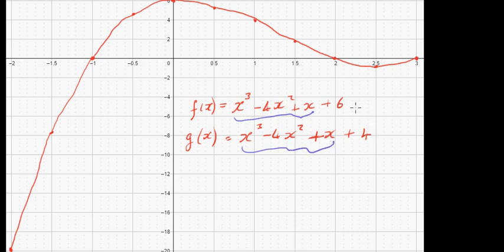In other words, we've taken this function here and we have effectively subtracted 2. So you just simply subtract 2 from each of these y values. So we've taken our function and we've subtracted 2, so all of these y values are going to reduce by 2.